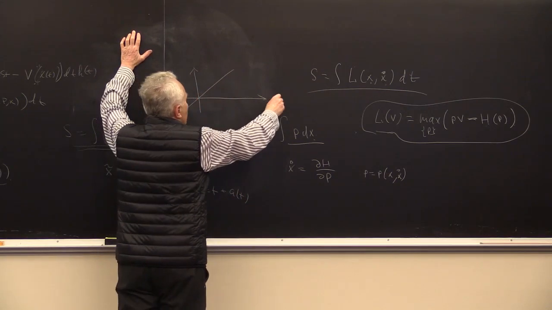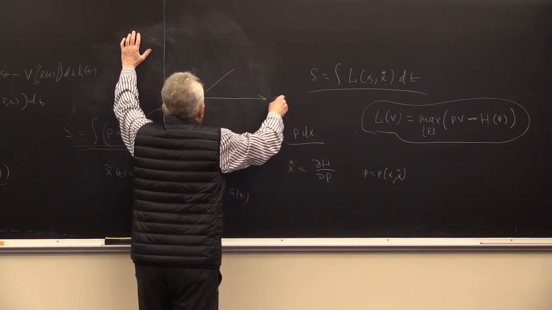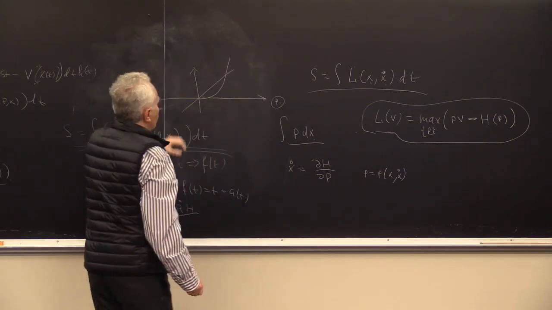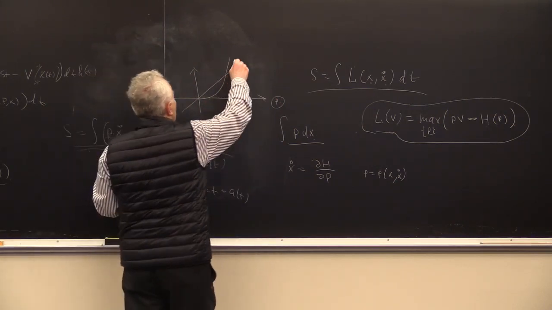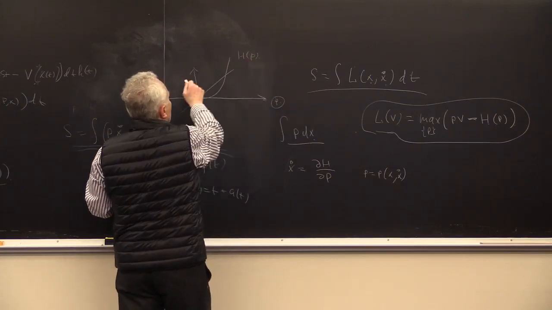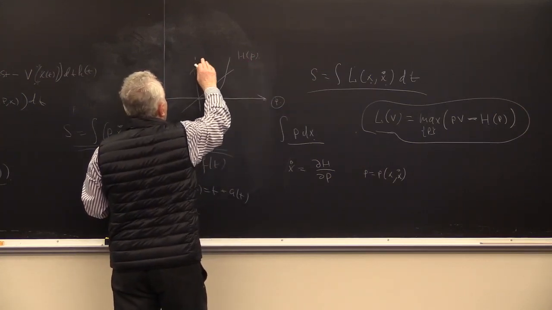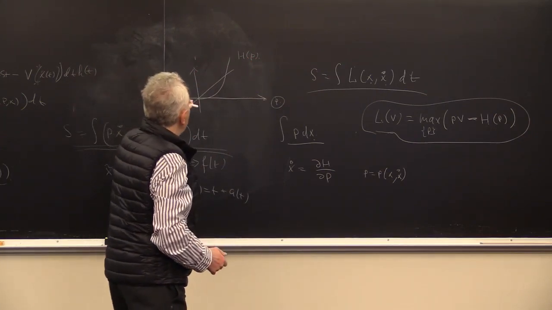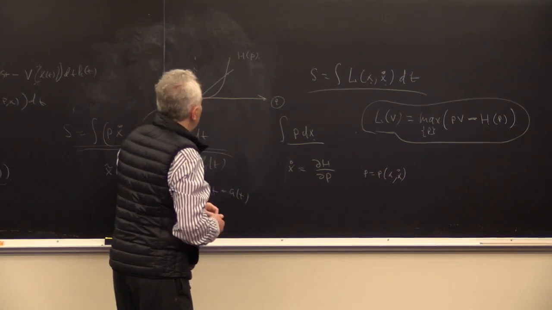Let's suppose this is the T space. And we have the function h of p. The function h of p, and this is the line dp.